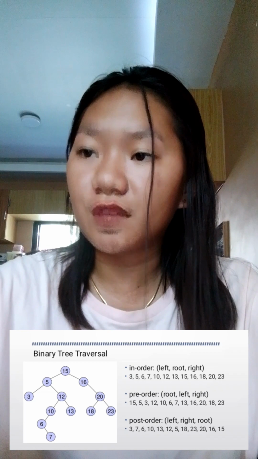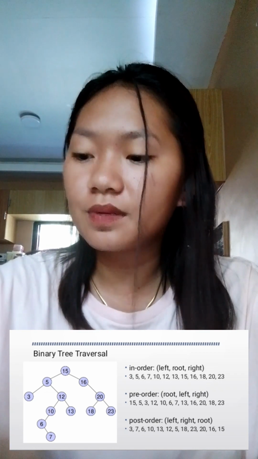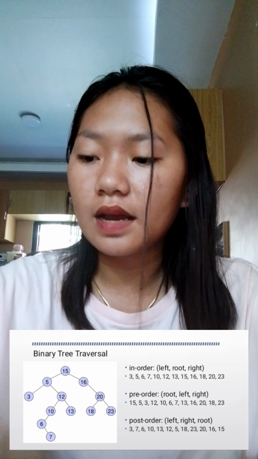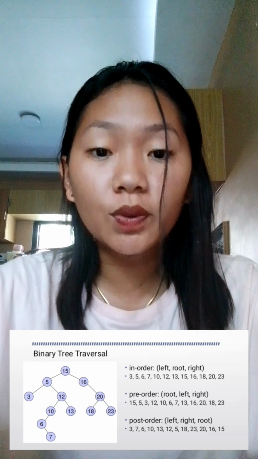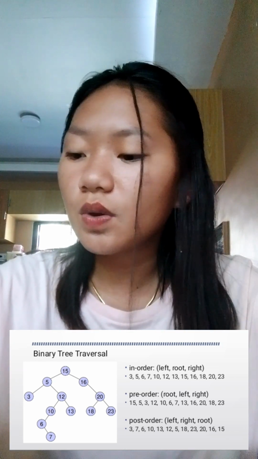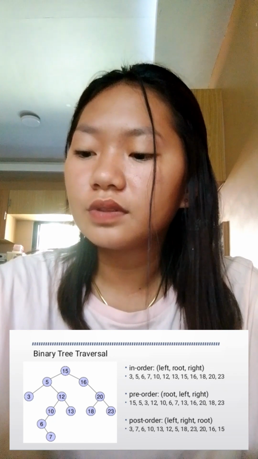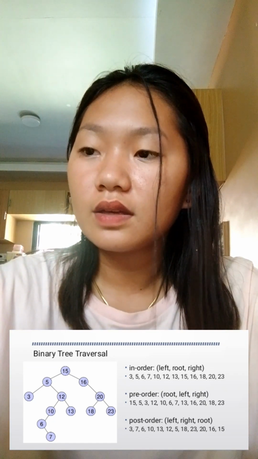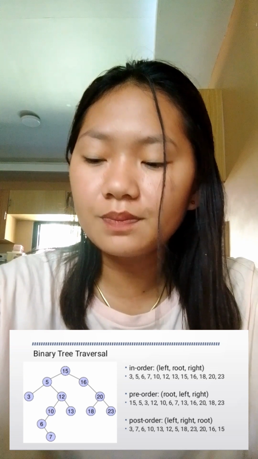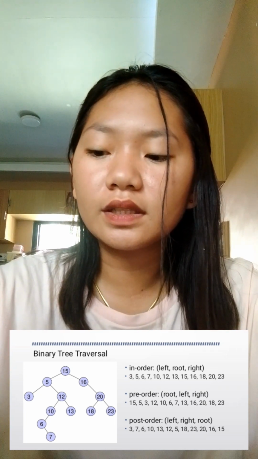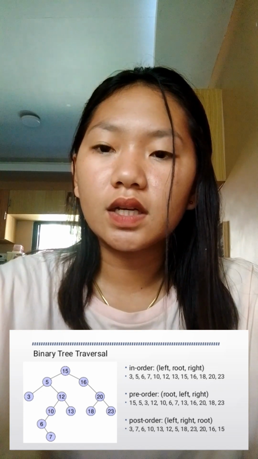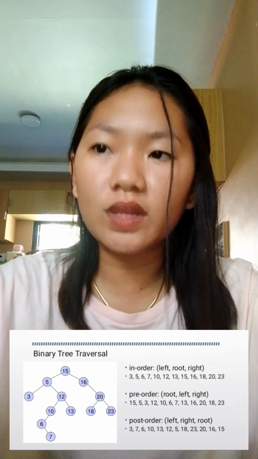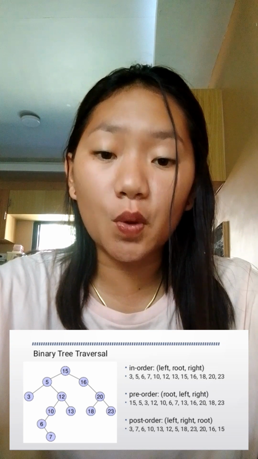So it must be 15, the root, 5, left, 3, another left, because it has more left before we go to the right. So 12, 10, 6, 7, 13, 16, 20, go to 18, and 23. That's the pre-order.